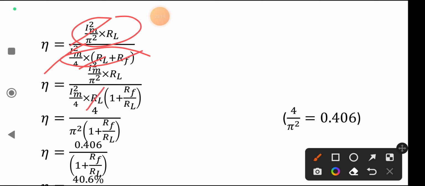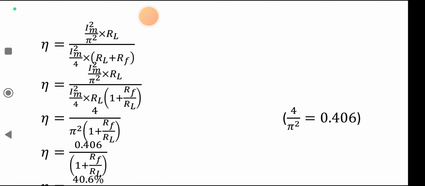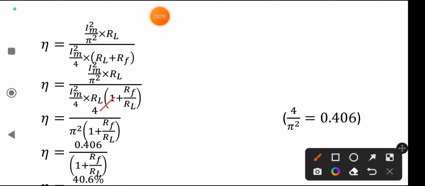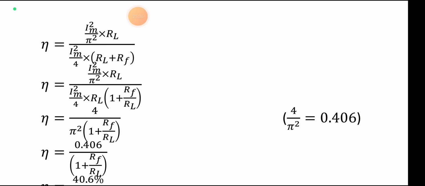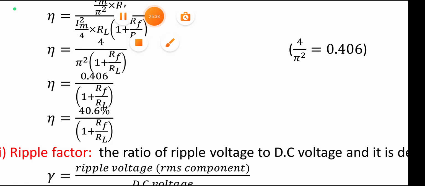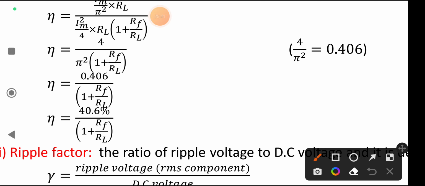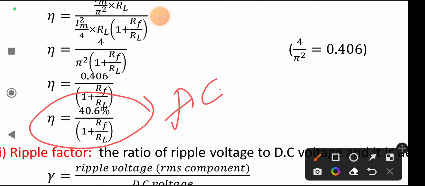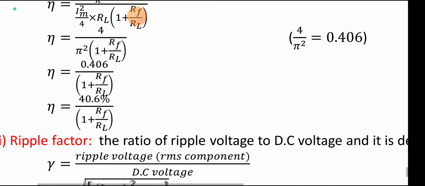If you take RL like this, then RL cancels, Im square cancels, and this 4 goes upside and pi square is there. So 4 by pi square remains. The value of 4 by pi square is 0.406, right? In terms of percentage, it is 40.6. So that means how much capacity does the device have? It can convert just 40% of AC into DC. Which one? Half wave rectifier, only 40%.